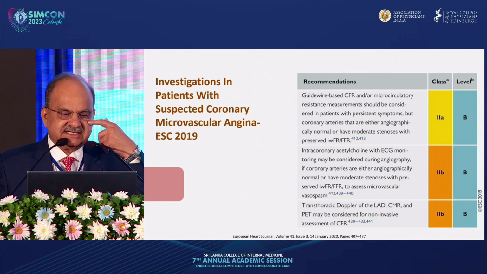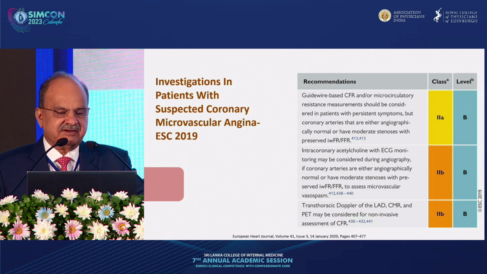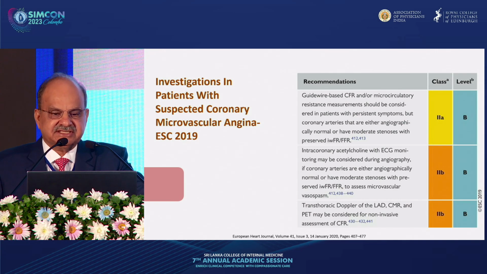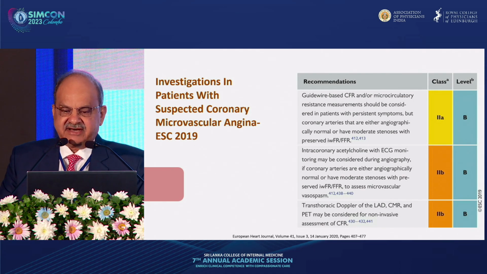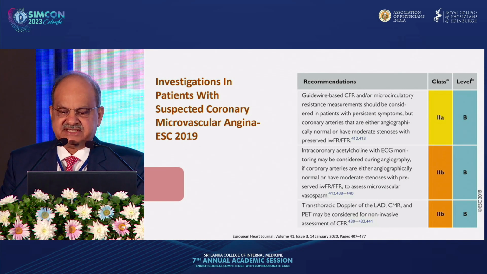Now, the investigations in patients with suspected coronary microvascular angina. In the ESC 2019 recommendations, guide wire-based CFR and or microcirculatory resistance measurement should be considered in patients with persistent symptoms but coronary arteries that are either angiographically normal or have moderate stenosis with preserved iFR or FFR.